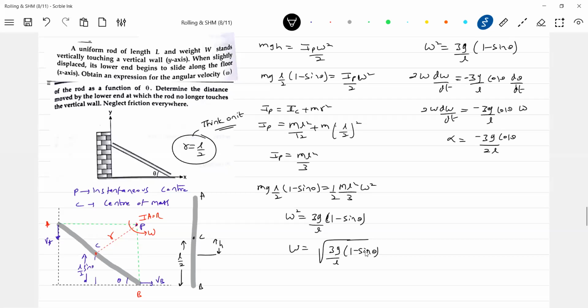So what do you mean by the negative sign? Theta decreases. That's the purpose of it. What is the x coordinate of the center of mass? x should be equal to L by 2 cos theta. I'll differentiate this with respect to time twice, then I'll get the x component of acceleration. dx by dt equals L by 2 times minus sin theta d theta by dt.